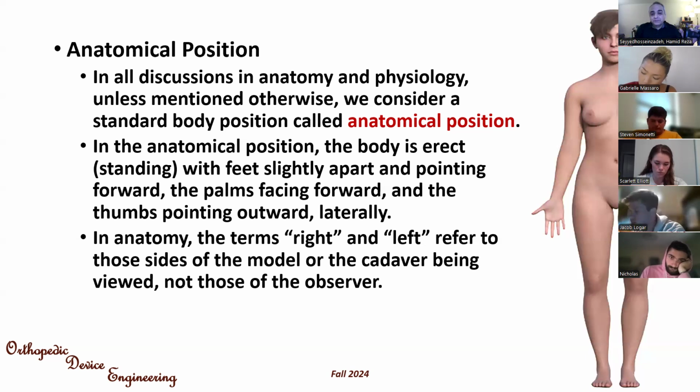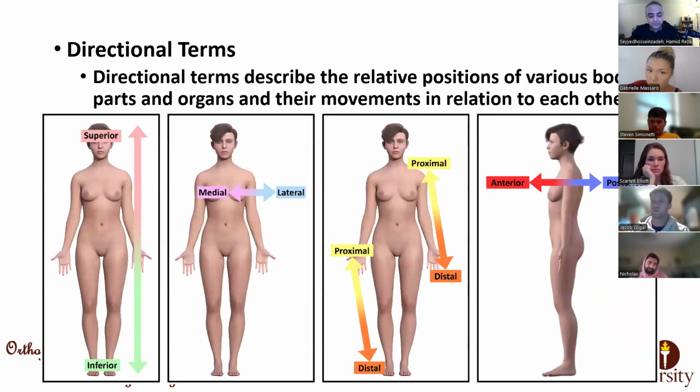Okay, so the left and right in the X-ray, in the model, in the patient is opposite to my left and right. So this is important because we don't look at the X-rays with our left and right. We look at the X-rays with the patient's left and right. And it is exactly opposite to our left and right.